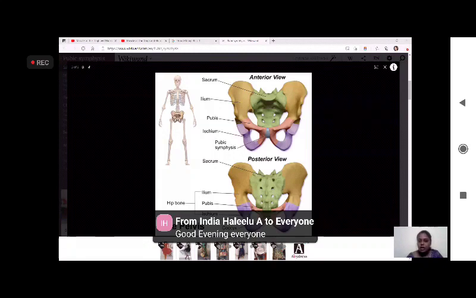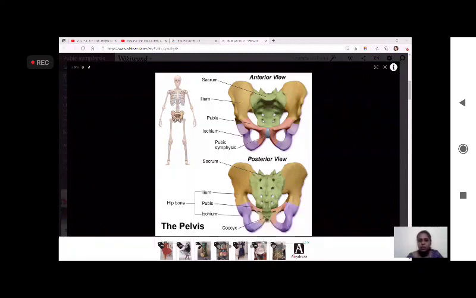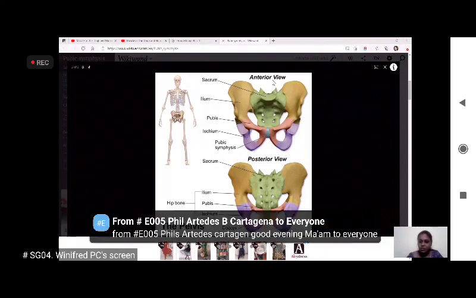The important landmarks of this pelvis would be the anterior superior iliac spine, because most of the muscles get connected to this, and this posterior superior iliac spine, and this is the ischial tuberosity, and the pubic superior ramus and inferior ramus.